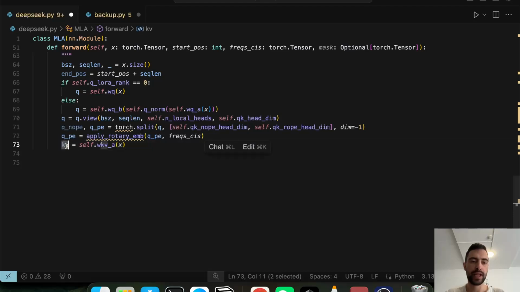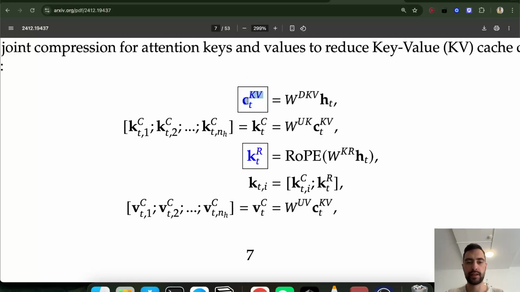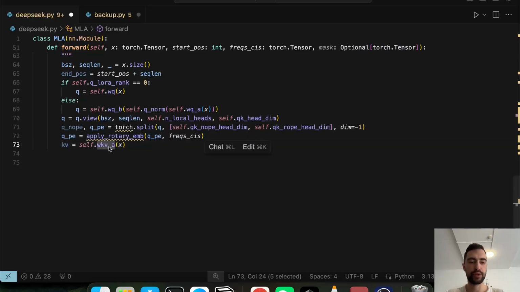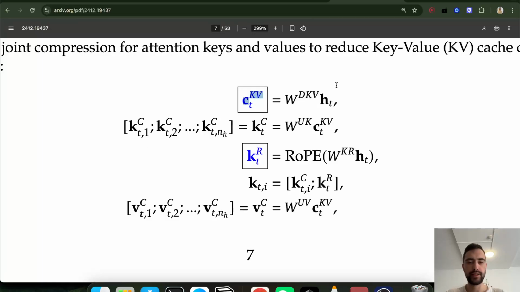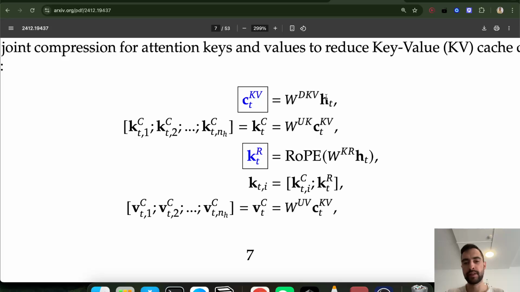So now we will get the key and values. We are calculating this latent key value matrix by putting it through this linear matrix of weights.